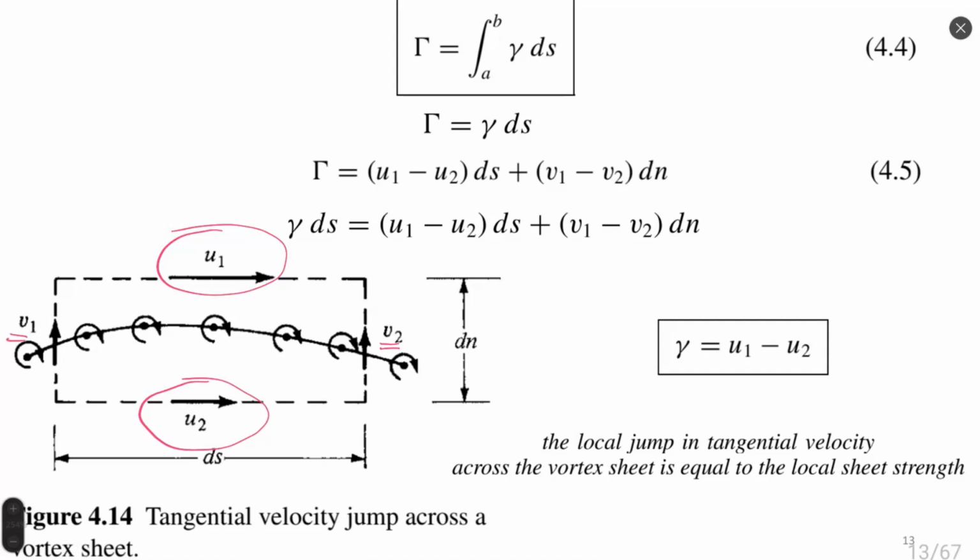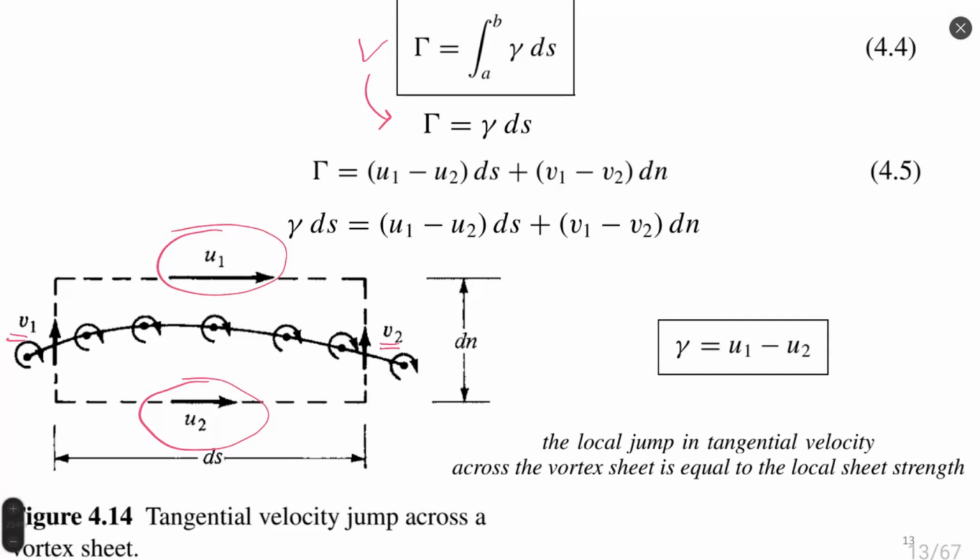Then, writing the definition of circulation, which is the integral of velocity over a closed path, or as we found already, the integral of gamma over this line. Analytically, since this line is infinitely short, with size ds, this integral could be converted to just the product of gamma multiplied by ds.